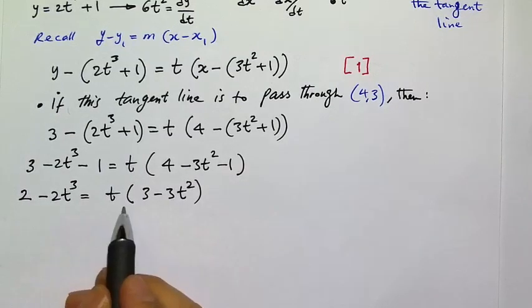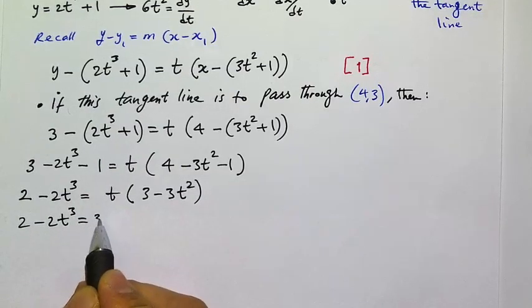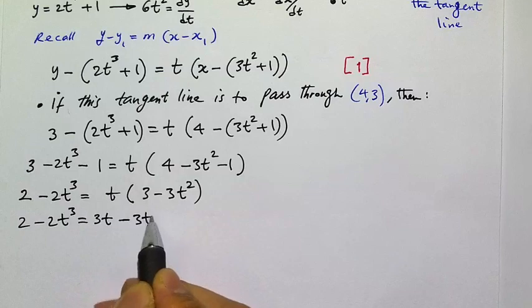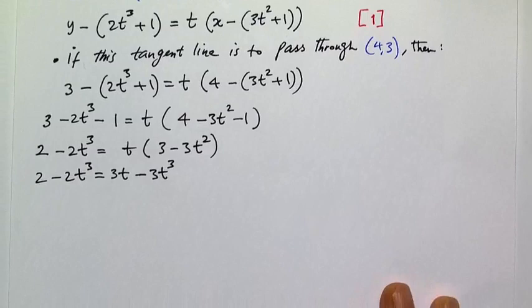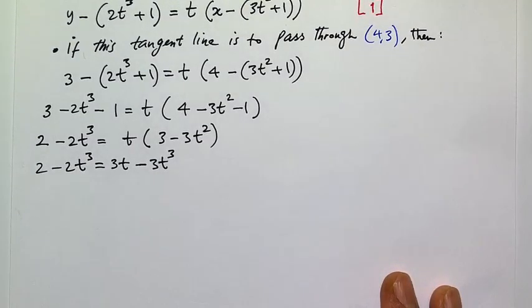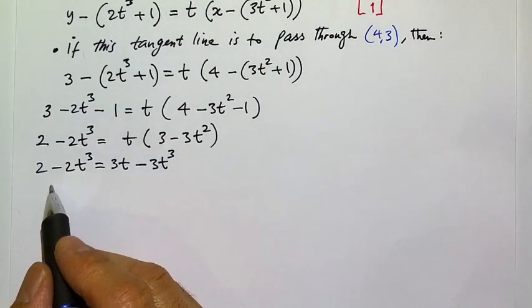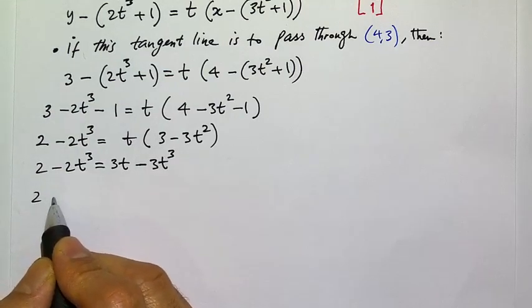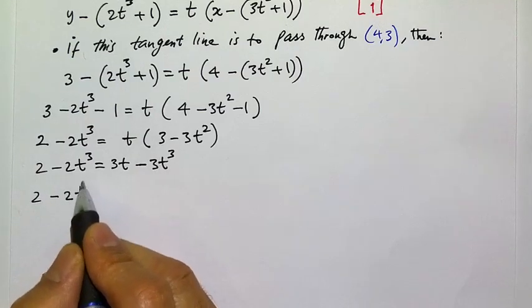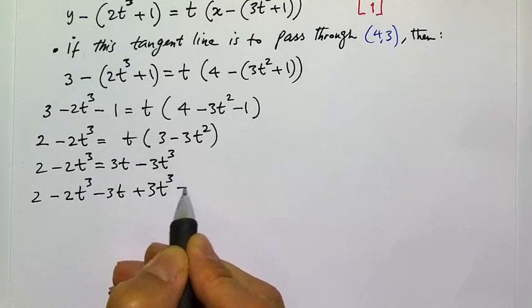Okay, so let's distribute the t into that. 3t minus 3t cubed. And then let's see, if we move everything to one side, so 2 minus 2t cubed minus 3t plus 3t cubed equals 0.